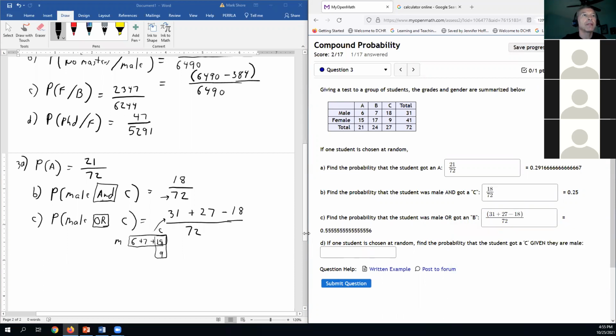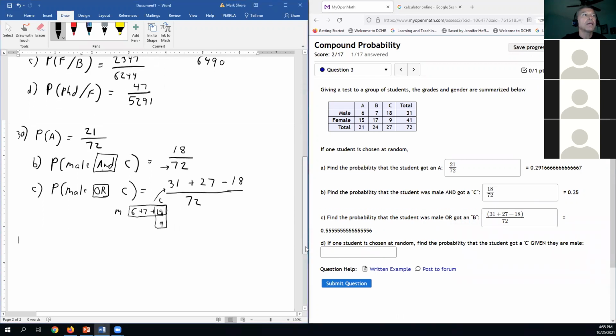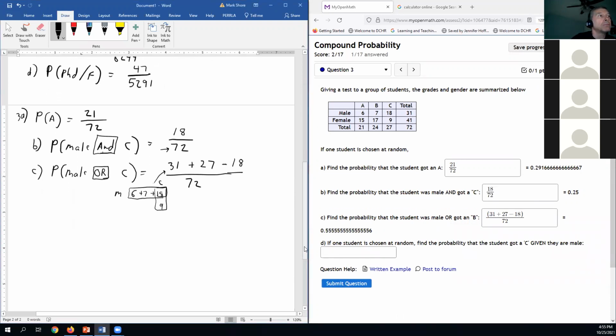And then on part D, if you look at part D, the word given does show up. So let's take a look at D. It says, if one student is chosen at random, find the probability that the student got a C. So I'll just write it this way: probability that the student got a C, given the student is male. Remember, this means it's given the student is male. That's your bottom number.